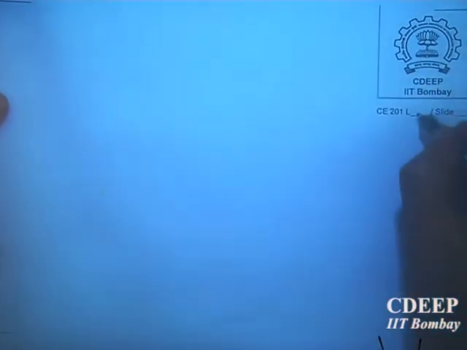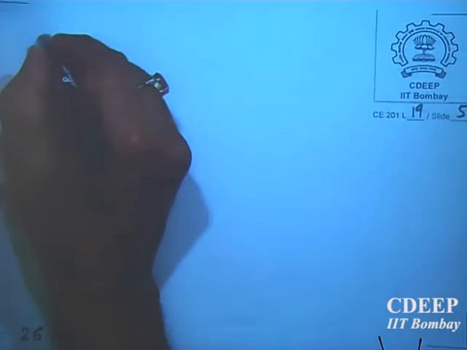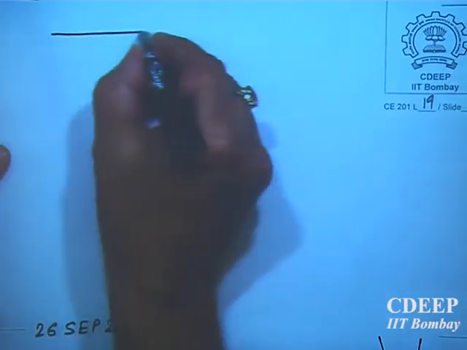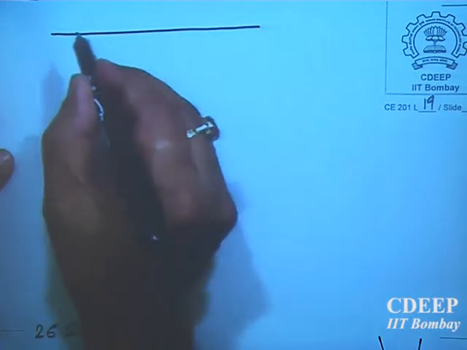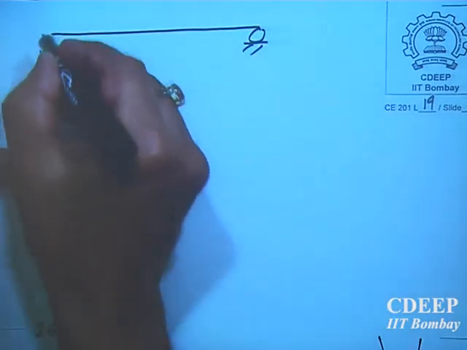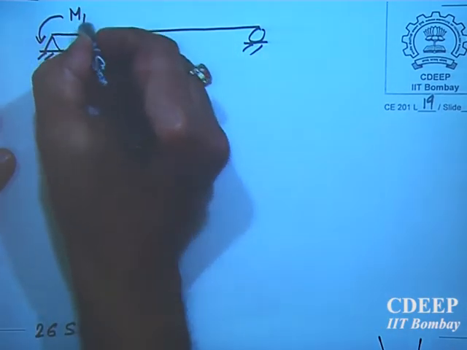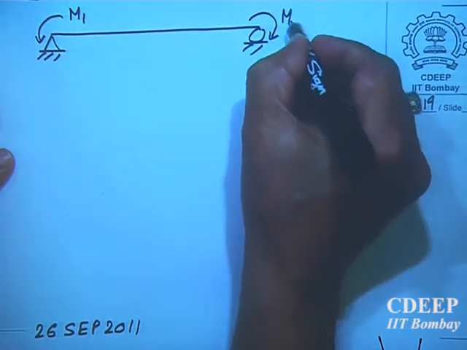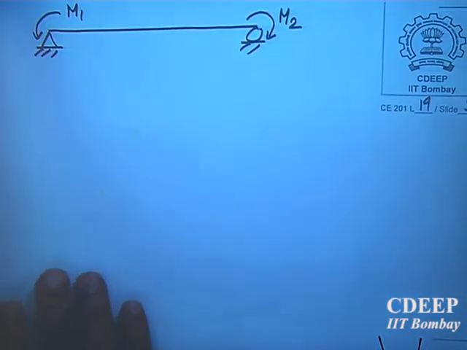So one can complicate this. Now, if you have a next problem, not that I want to only do this problem, but you apply M1 and M2 at the two ends.